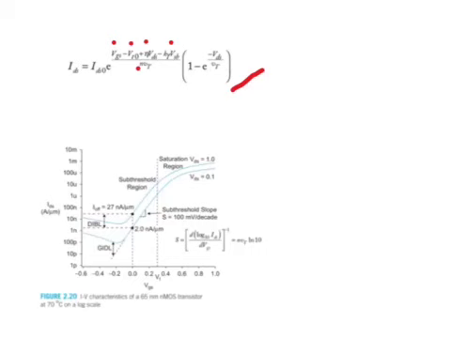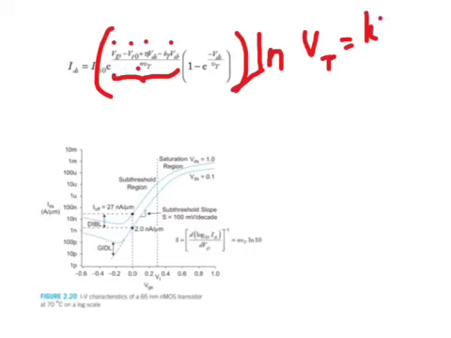And if we were to take the log of this term, we will see that this section here simply becomes a linear portion, where Vt is actually kT over q, the thermodynamic voltage, and the slope is therefore some factor of kT over q.